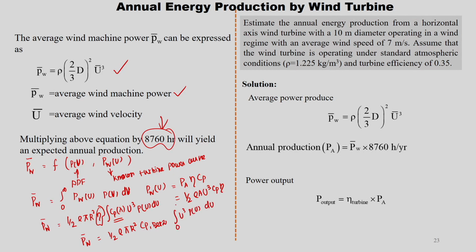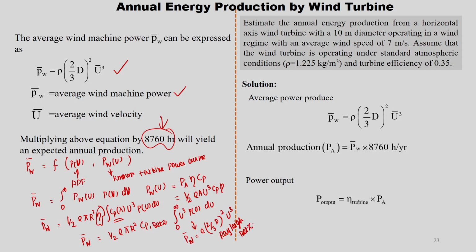If this integral between 0 to infinity is calculated, what you finally arrive at is P w bar, which is equivalent to rho times 2 by 3 d whole square into u bar cube. This is called the Rayleigh-Betz limit. Why Rayleigh-Betz limit?